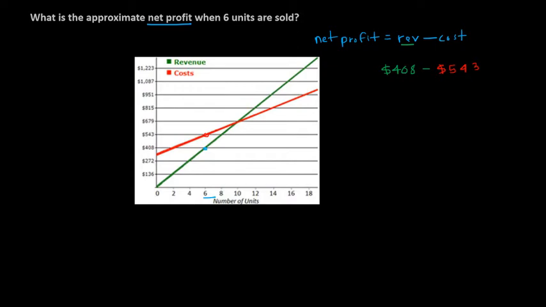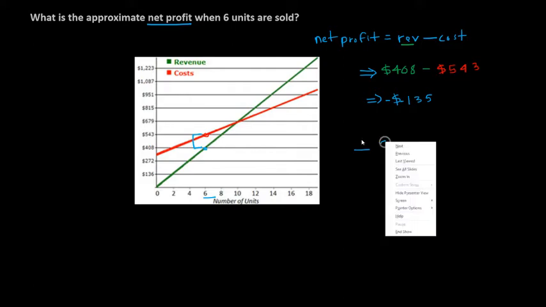So to find net profit, essentially what that's asking you to do is to find the difference between those two numbers. So you could take these numbers from the graph and then set up an equation like this and solve. I think that comes out to negative 135. So we've lost $135 so far.